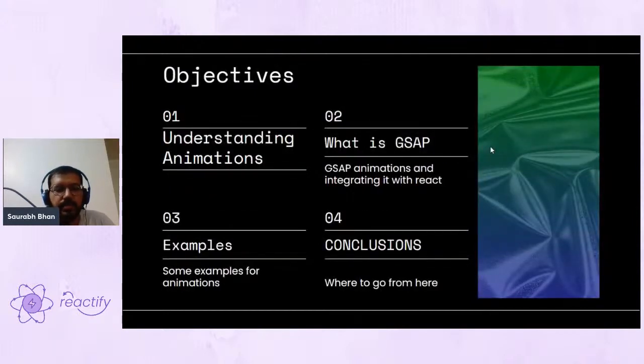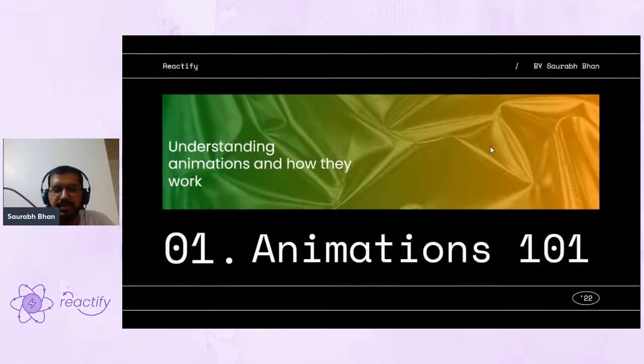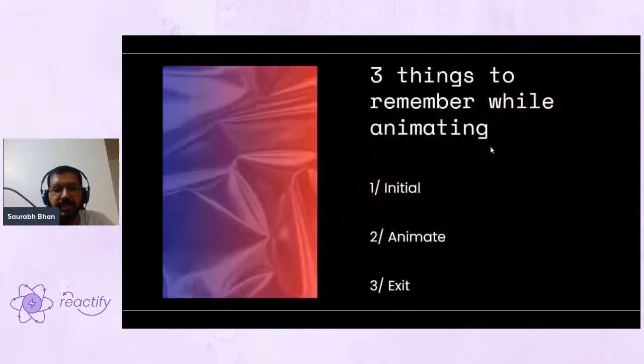Let's start with animations 101, like how they work. This is a very simplified overview of how animation works. There is an initial state of anything on a screen. Like this is a screen, and the red gradient rectangle you are seeing on the left is the initial position of that rectangle.